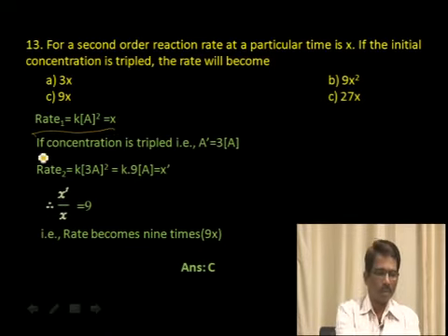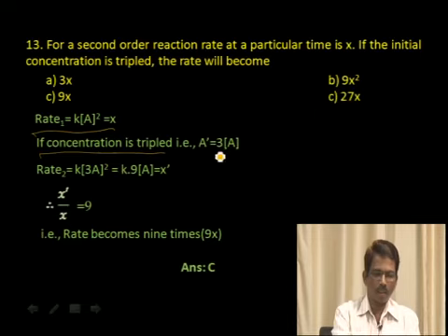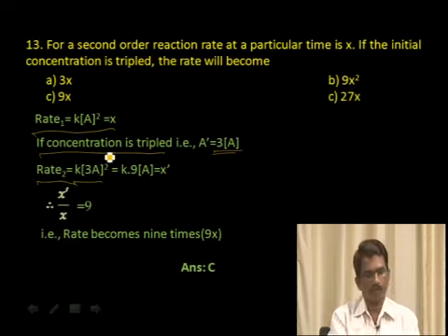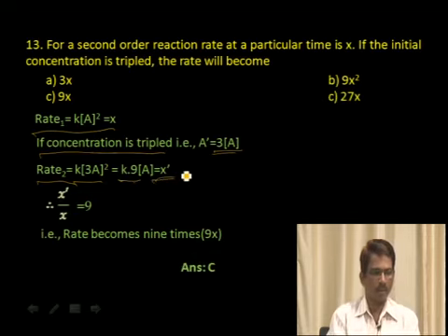When the concentration of A is tripled, we write concentration of A as 3 times A, and during which the rate law expression becomes rate 2 is equal to K into [3A] square. That can be written as 3 square is 9, and therefore K into 9 into square bracket A square, and that is equal to x dash.